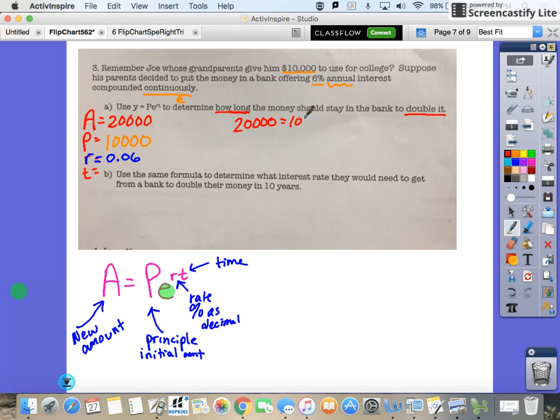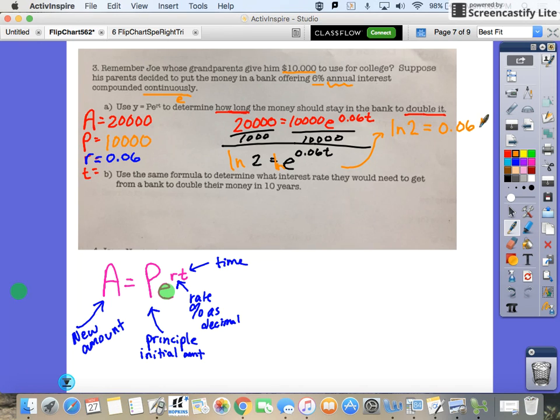So we can set this up: 20,000 equals 10,000 e to the 0.06t. The only unknown now is t. So we'll start by dividing by 10,000. We get 2 equals e to the 0.06t. If we natural log both sides, then we get natural log of 2 equals 0.06t.